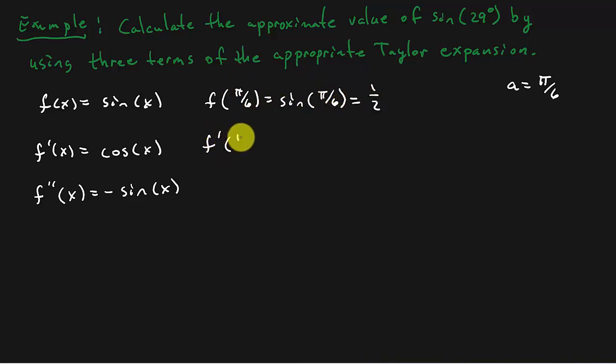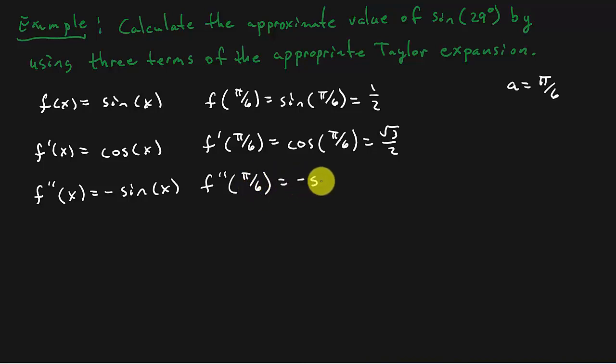And then I have f prime of pi over 6 is equal to cosine of pi over 6, which is square root of 3 over 2. And then f double prime of pi over 6 is negative sine of pi over 6, which is negative 1/2. All right.